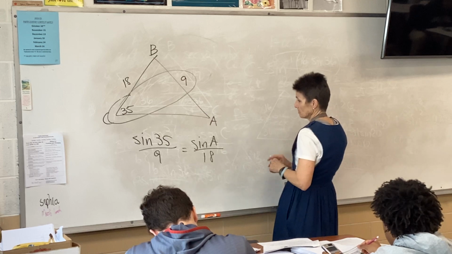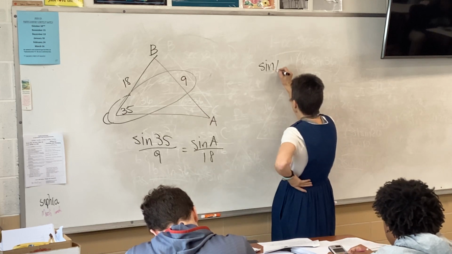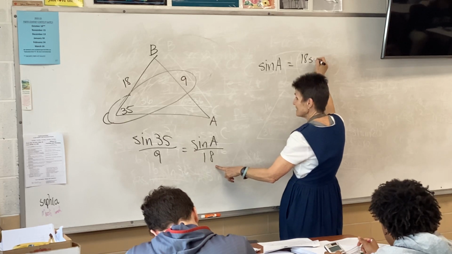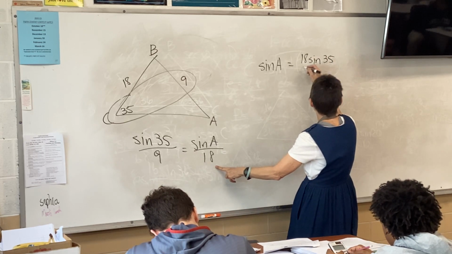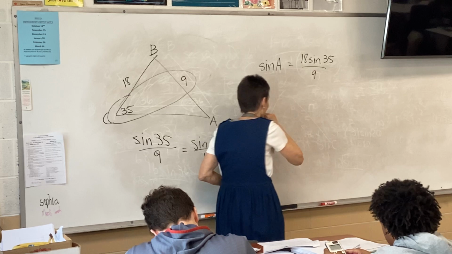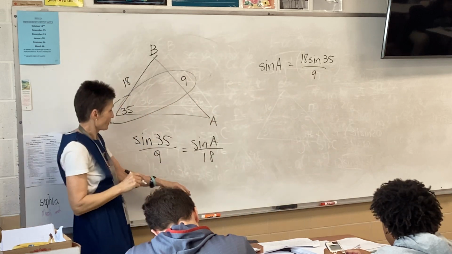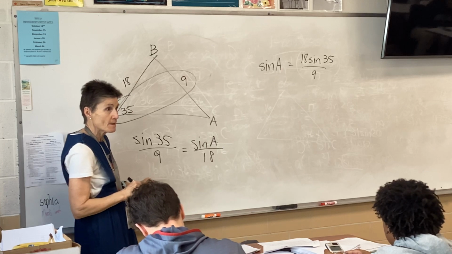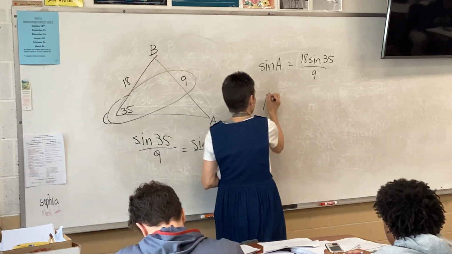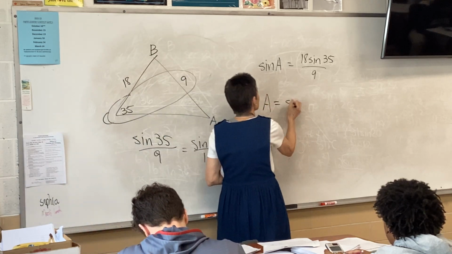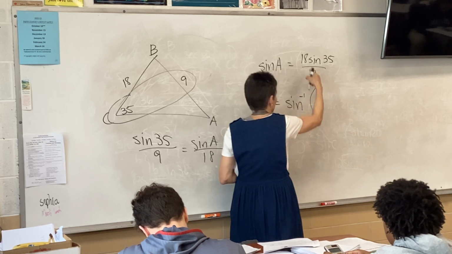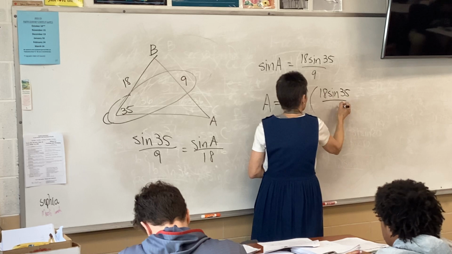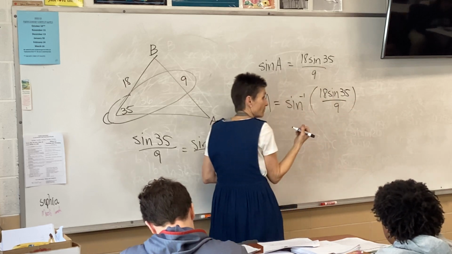Let's cross multiply. So sine A is going to equal 18 sine 35 over 9. Is that okay? And so how will we find angle A? Well, second sine this thing. I heard somebody say I got an error.